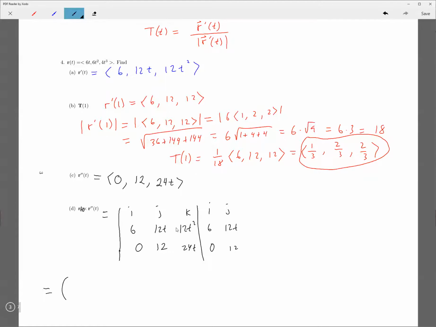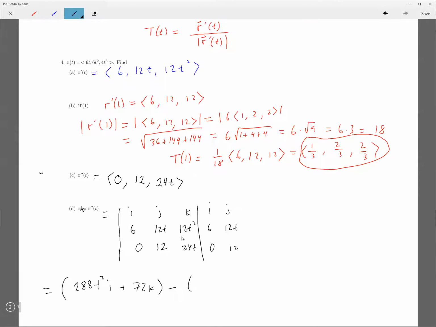Let's see, 12 times 24 is 288. So that's 288t squared i. That's this right here. And then this one is 0, yay. And this is 72k. Okay, then we have minus.